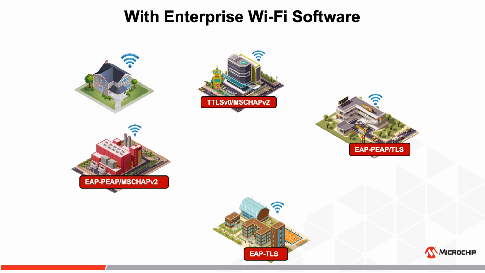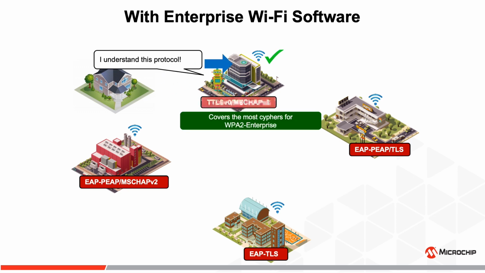When you move over to our first case, we understand that because within WPA2 Enterprise, which is available again on the AT-Wink 1500 or AT-Wink 3400 Wi-Fi modules, those ciphers are programmed into the firmware and allow you to speak that language, if you will. So we understand that protocol, and we can gain access to that location.